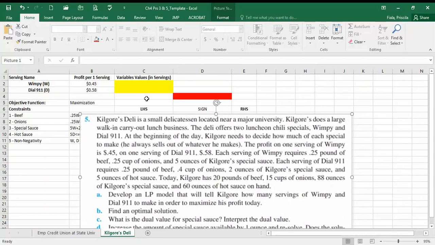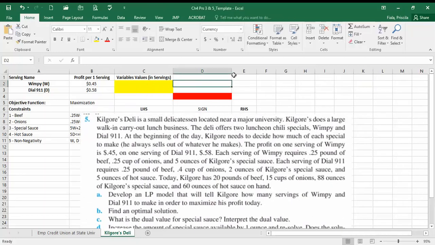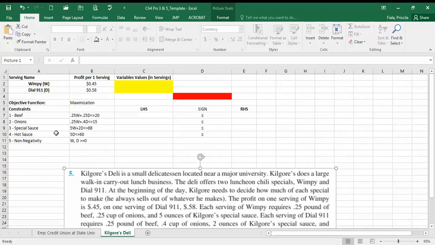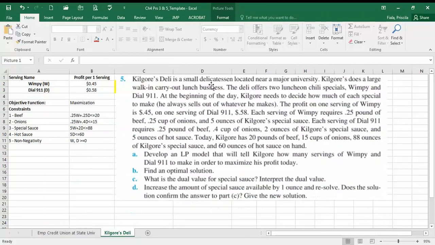We can tell servings, but we also want to know the dollar amount, so find an optimal solution, which is what I'm going to be working here. Then when we have completed that, we're going to talk about the dual value for the special sauce constraint 3, and give an interpretation. And then on D, we're going to increase the amount of special sauce by 1. It is at 88 right now. We're going to increase that to 89.